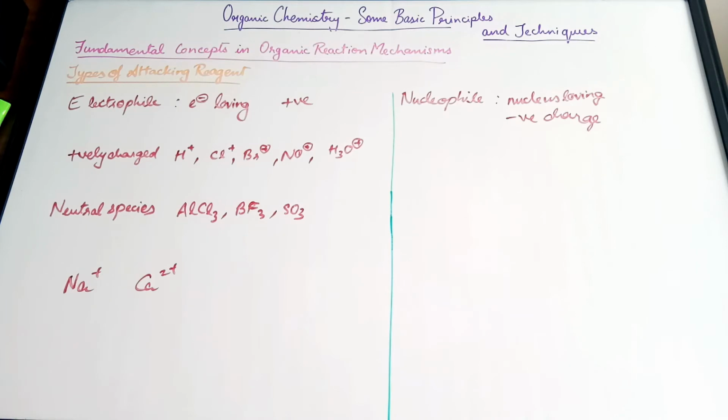Now, in case of nucleophiles, they are electron rich and they will look for an electron deficient site. So they are nucleus loving.